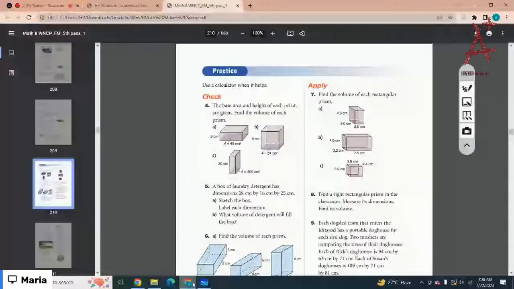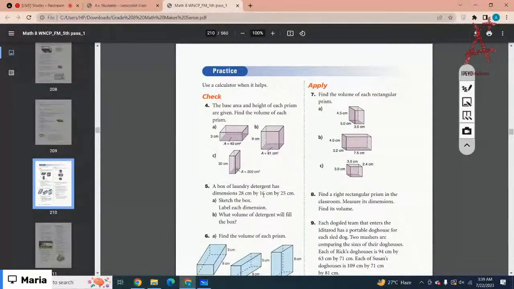First you have to calculate the area of the base. For the given dimensions, the base has the dimensions 28 times 16. So just calculate 28 times 16 and then multiply it by 25. So that means the volume is 11,200 centimeter cube. Got it?